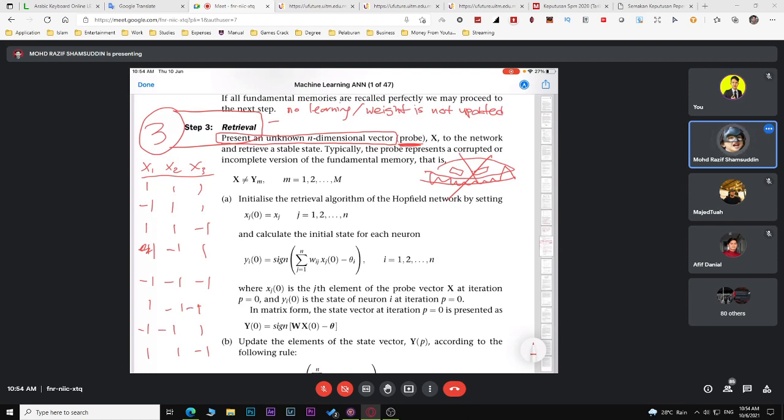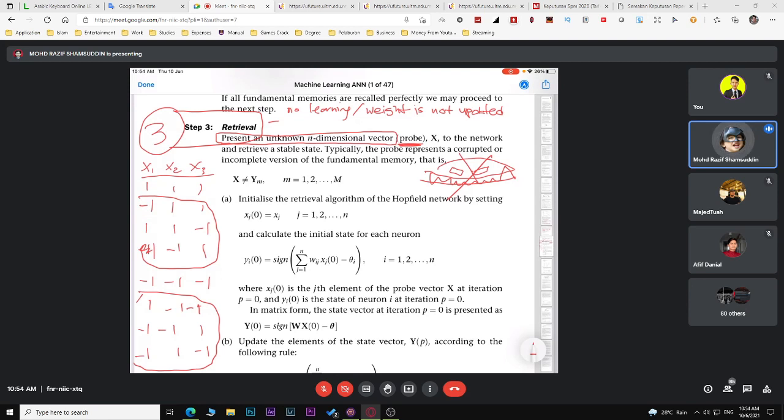Ini pun sama. So these are the unknown vector. Selain daripada stable state, all other possible state are considered as an unknown n-dimensional vector.